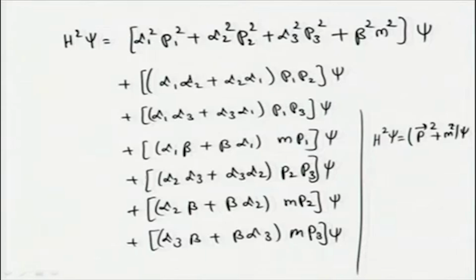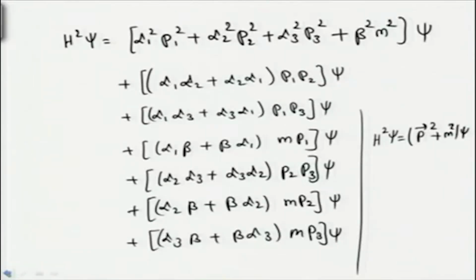And there is no other term with P1 square, P2 square, P3 square or M square. So, the coefficients of P1 square, P2 square, P3 square and M square should all be equal to 1. That is one condition. So, alpha 1 square equal to alpha 2 square equal to alpha 3 square equal to beta square equal to 1. All of them are the same and equal to 1.